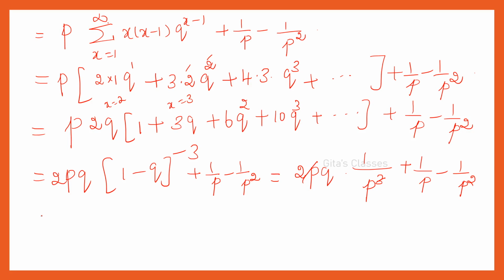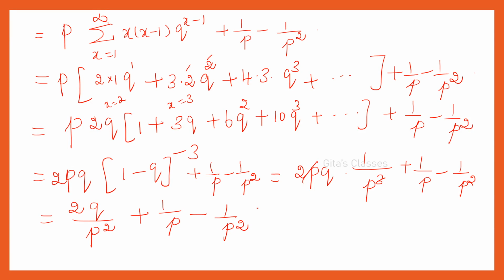So this is equal to 2q by p squared plus 1 by p minus 1 by p squared. Write it again: 2q by p squared plus 1 by p minus 1 by p squared. Right? So you take LCM as p squared.